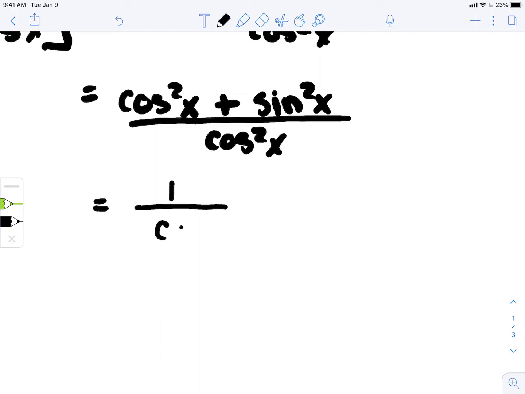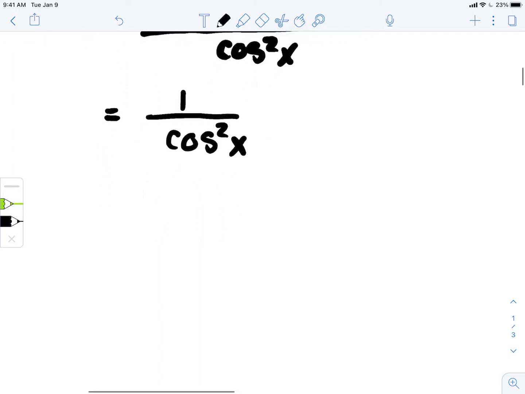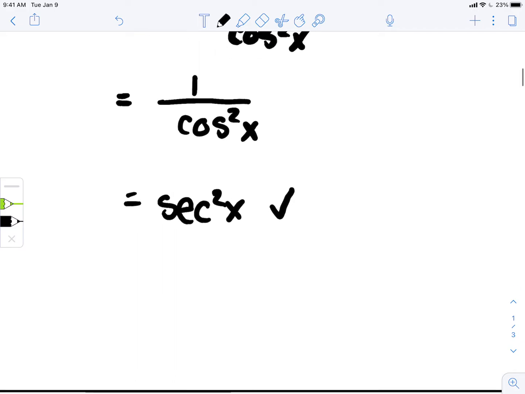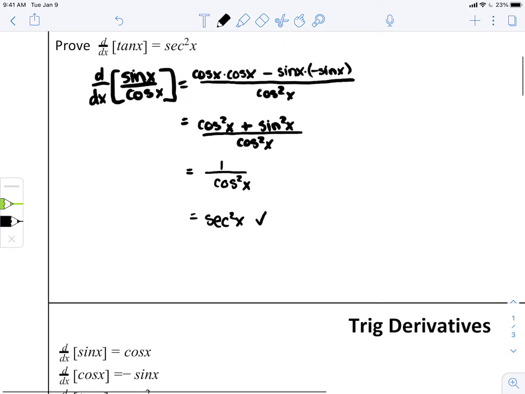So we have 1 over cosine squared x. Now 1 over cosine is the same as secant, so the final step is to rewrite this as secant squared of x, and that is what our derivative is equal to. So using just a little bit of equation manipulation, we're able to find the derivative of tangent.